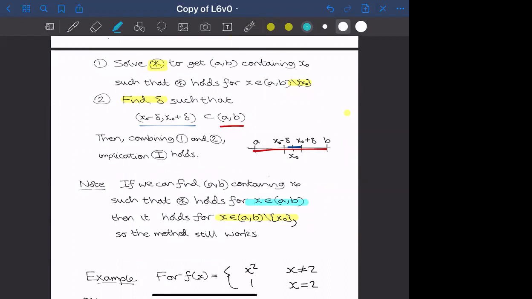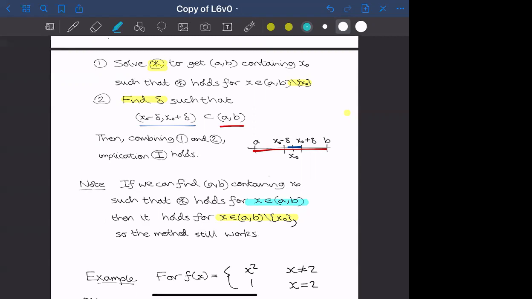Okay. So we could use that to prove the limits that we had in the previous example, square root of x minus 1. But I think that would be a bit boring to go through it again. So let's do a further example.